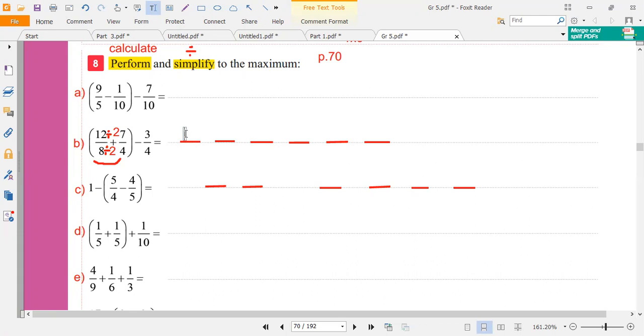We get 12 divided by 2, 6. 8 divided by 2, 4. Plus 7 quarters.